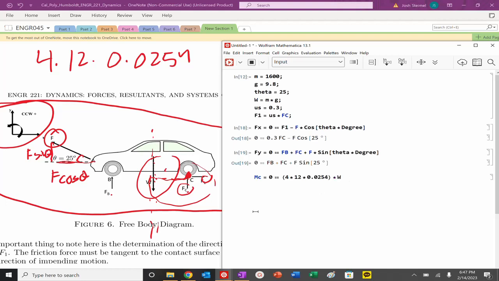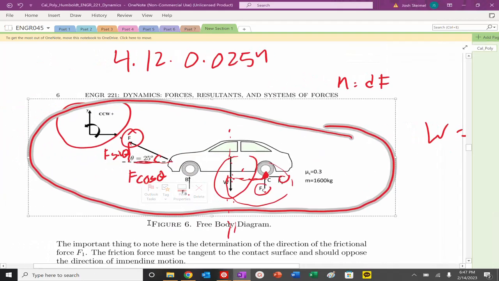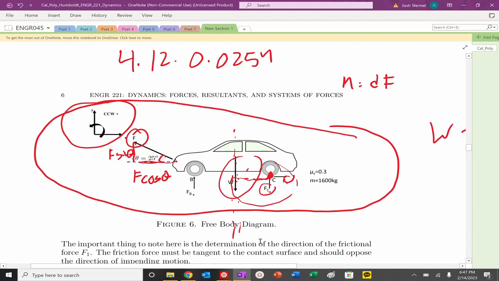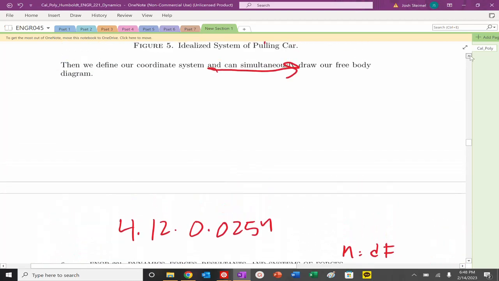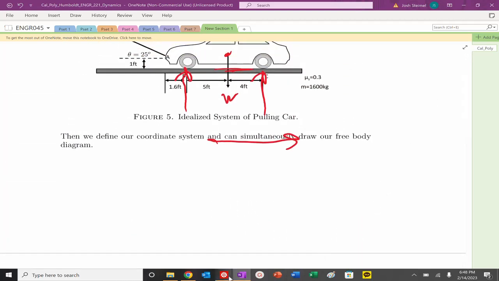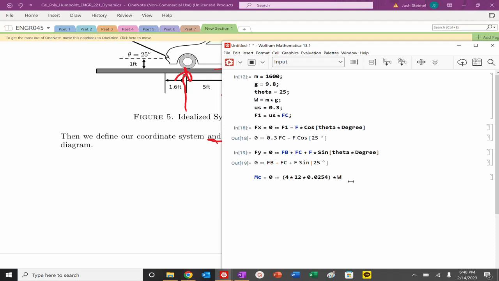Fantastic. Great. So, what else? Let's do B. My line of action on B is like this. Perpendicular distance to the origin is here. So again, we can look that up. That's going to be 5 plus 4. So let's do the moment: 9 times 12 times 0.0254.